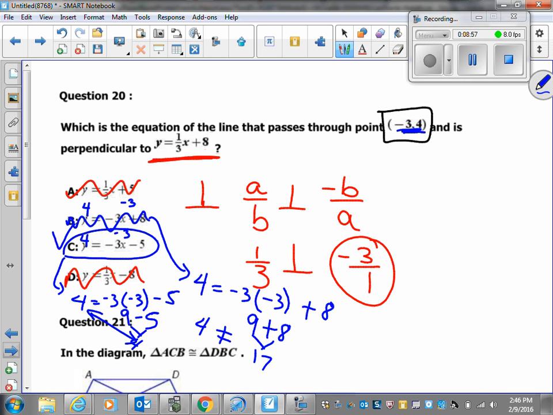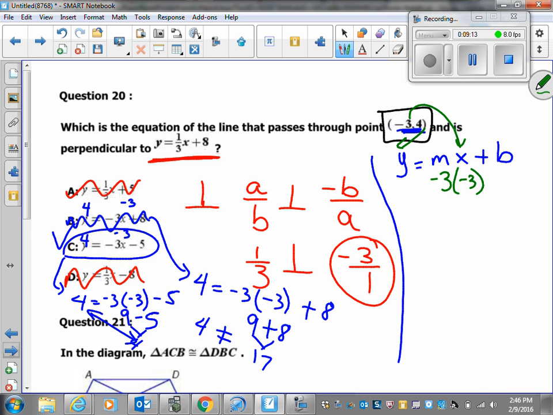The other way is you can use y equals mx plus b. You already know the slope is going to be -3, the x coordinate is -3, and the y coordinate is going to be 4. I don't know what b is, but I can solve for it. 4 equals -3 times -3, which is 9, plus b.